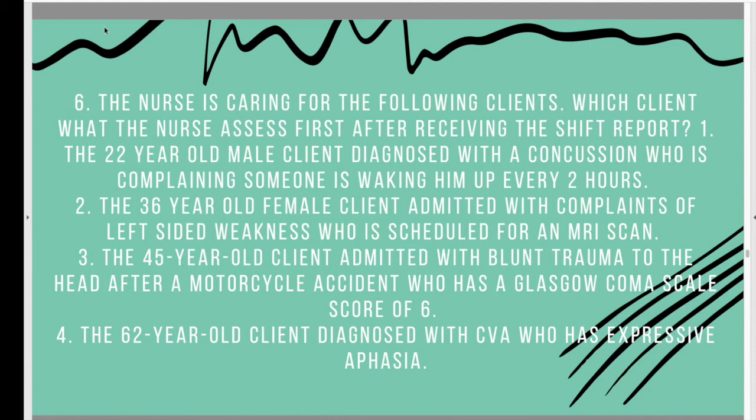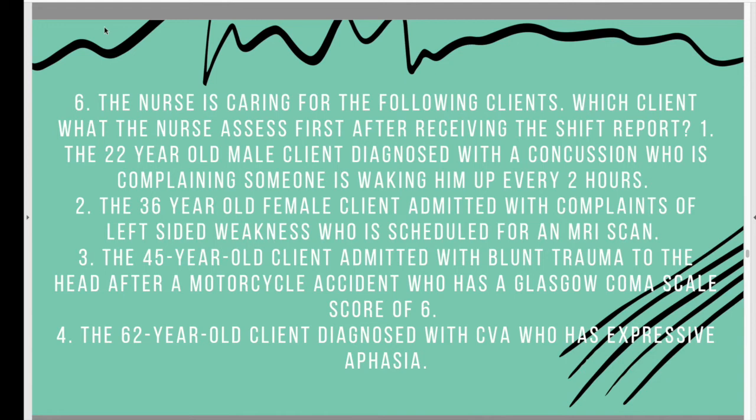Then number 4, the 60-year-old client diagnosed with CVA who has expressive aphasia. Expressive aphasia is also known as Broca's or non-fluent aphasia. People with this pattern of aphasia may understand what other people say better than they can speak. They struggle to get words out, speak in very short sentences, and omit words.